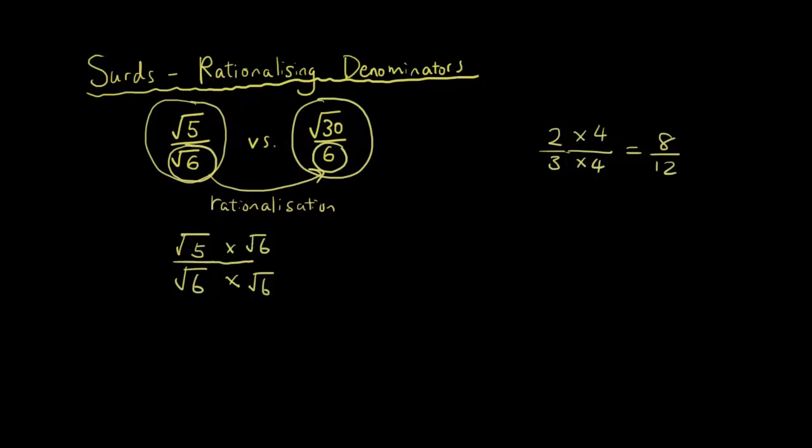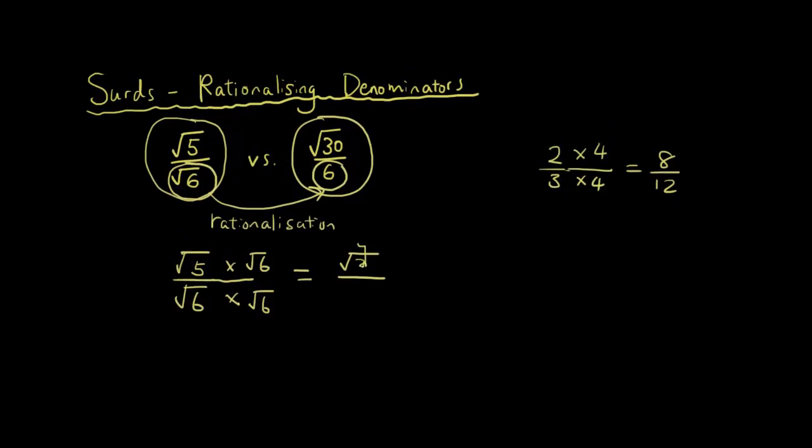So here I'm multiplying both the numerator and the denominator by square root of 6, and the top becomes square root of 30 using the multiplication rules, and the bottom becomes 6, because the square root of 6 times square root of 6 is square root of 36, which is just 6.